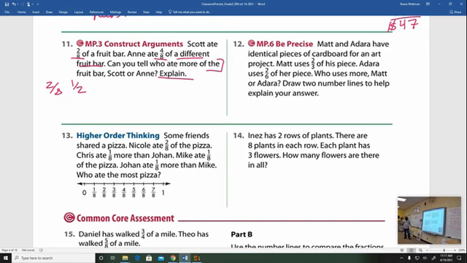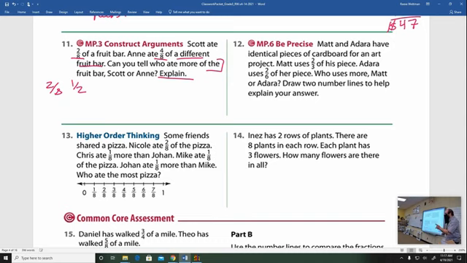Okay, so can you tell who ate more? Somebody give me a complete sentence, Ian, of who ate more and how you can tell. Anne ate more fruit bar. You have to explain though. How do you know? Restate, answer, cite, and explain. So in this case, you're restating, you're going to say, Anne ate more of the fruit bar.